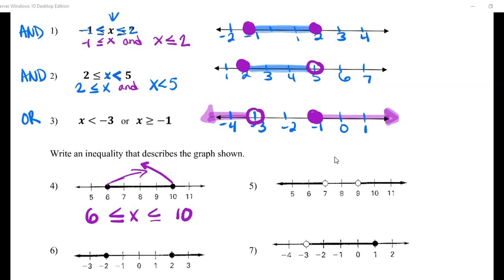You could also write it as two separate inequalities: x is greater than or equal to 6 and x is less than or equal to 10. But try to write it like this first way here.